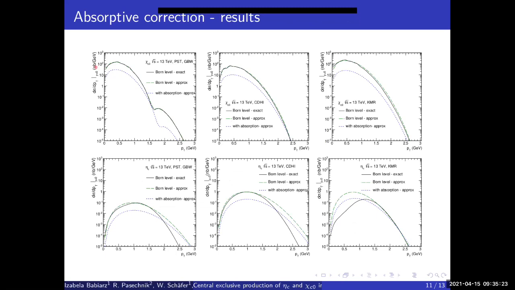So we can easily see and say that this so-called gap survival probability depends somehow on kinematics. And in some places there is a dip, and in some places there is enhancement, or there is not so much difference from the Born level.